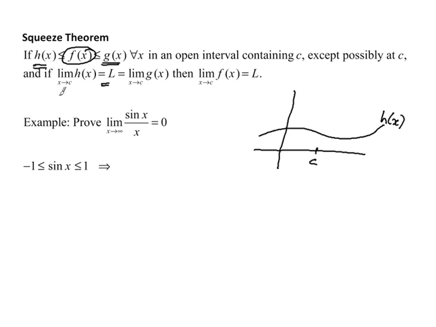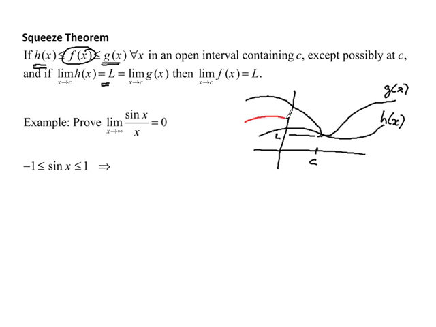So as x approaches c, h of x goes to L. And now I have g of x. I know that g of x is greater than or equal to h of x everywhere, but as I approach c, that limit also goes to L, so g of x must do this. Something like that. And then I have f of x, which is in between.